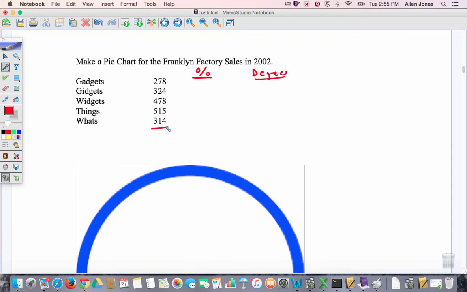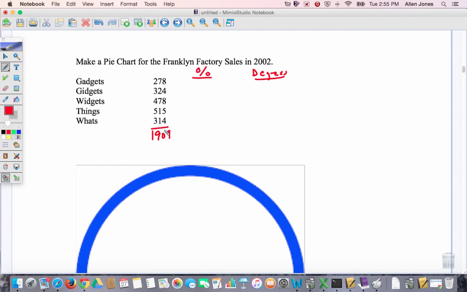We need the total that we have here, so I'm going to add all those together, and that will be the number that we're going to divide by to get our percentages for each category. And if we add all these together, we get 1,909.